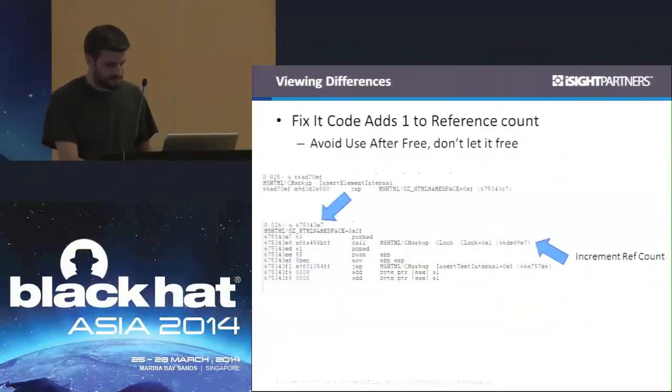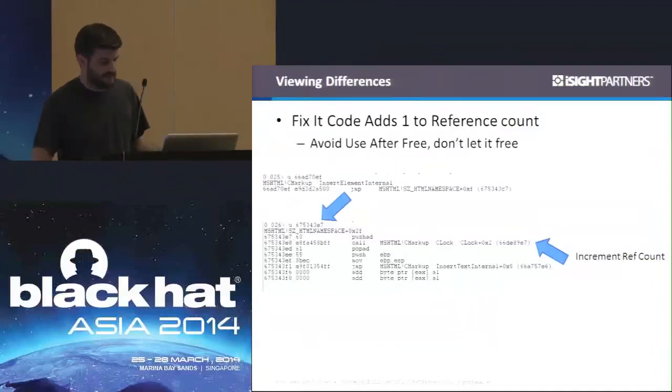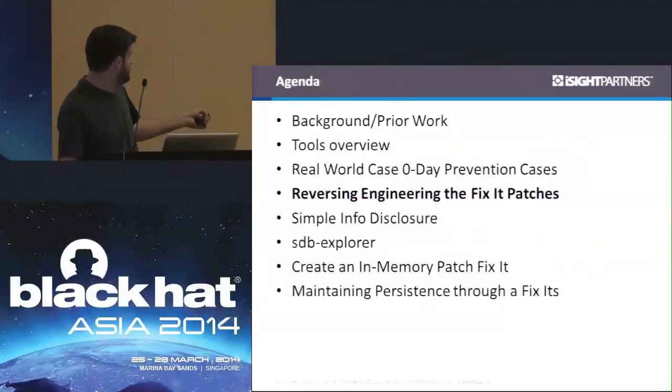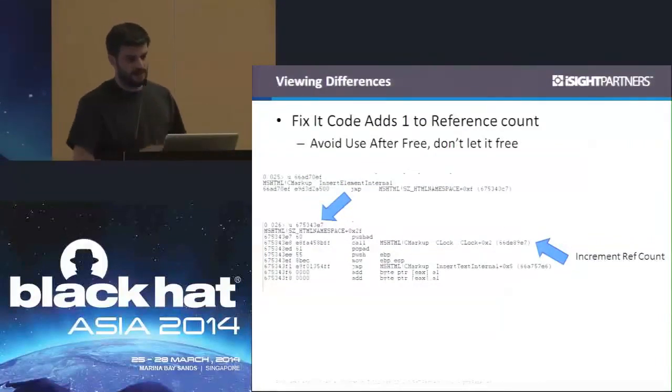Okay. So what does this fix actually do? If we look at what that jump does, we see where it jumps, we disassemble that code, and we can see that Microsoft has saved all the registers, called some additional function, restored the registers, and then it will return back to where the jump came from.